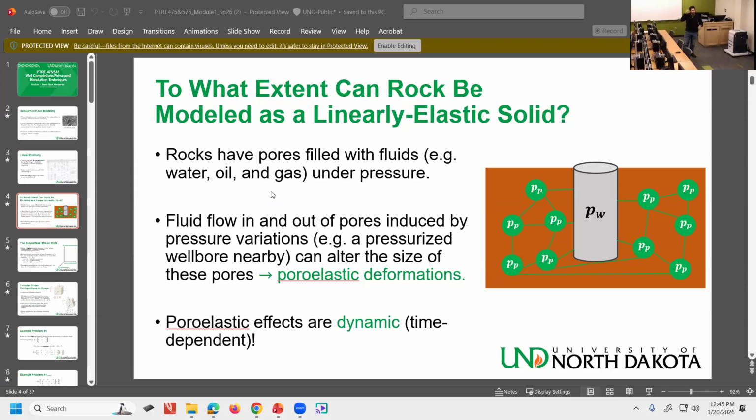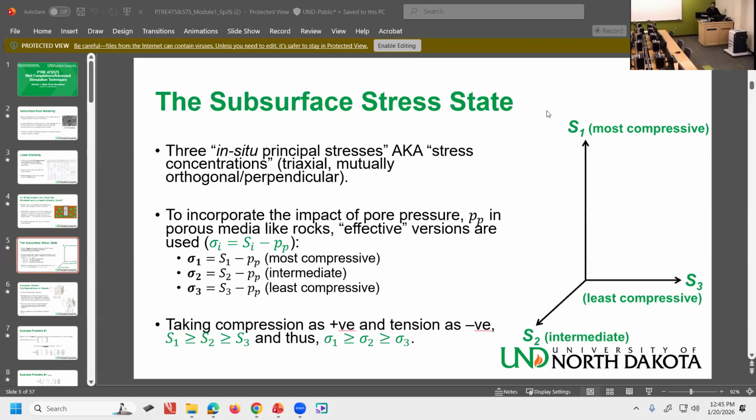I remember I was trying to talk to my advisor about poroelasticity. He was like, don't worry, in civil engineering, you don't need to worry about poroelasticity. I was like, oh, very nice. I took everything out. It made the mathematics 3-fold times easier, honestly. Anyway, the main thing about poroelasticity is that it's very dynamic. It's affected by time. And it's very difficult to incorporate time in those mathematical models.